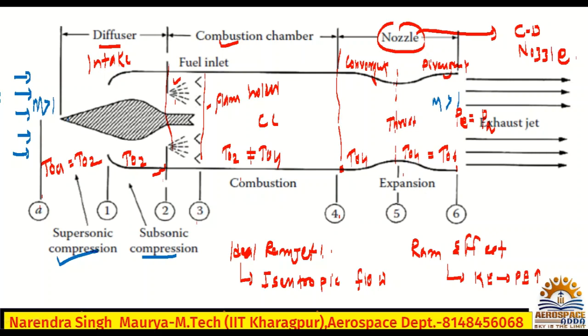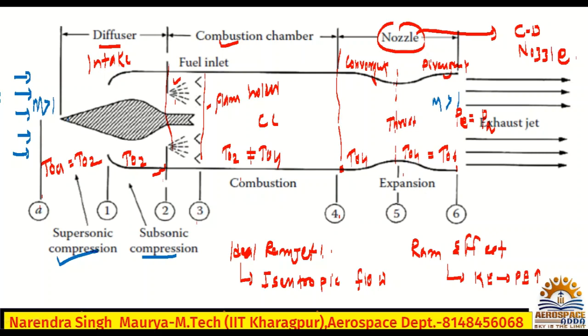Even we are saying there is no shock formation. If shock formation were there, then total pressure would not be constant. Why? Because there will be loss. That is irreversible. What is the shock formation? It is irreversible. So if shock formation were there, then total pressure would not be constant, let me tell you. But we don't have any shock formation. Why? Because it is clearly mentioned ideal ramjet. Ideal ramjet means isentropic flow.